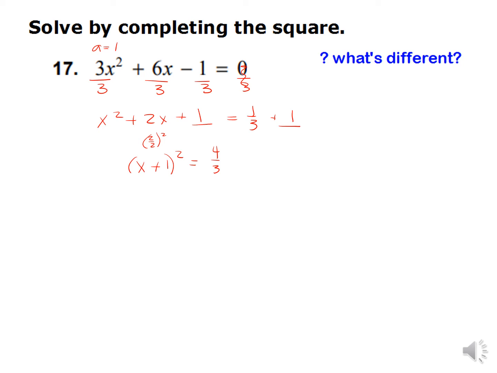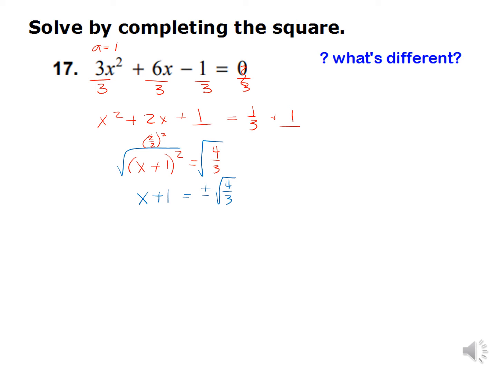So now I'm going to take the square root of both sides, and this is where the things we've learned in the last couple units come in handy. So we have x plus 1 equals plus or minus the square root of 4 over 3. Now, right away we know that we can't have any fractions in our denominator, and this is a perfect square.